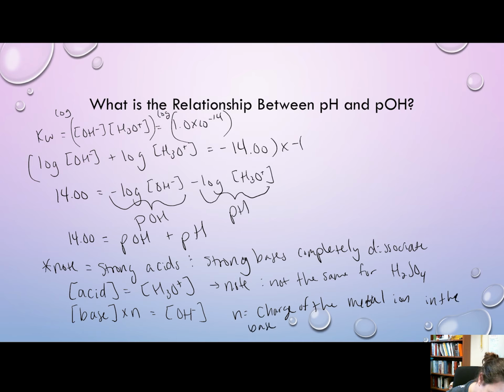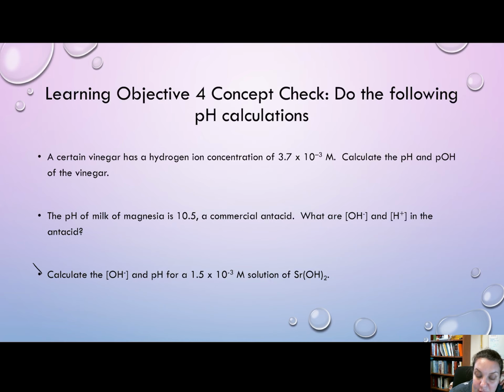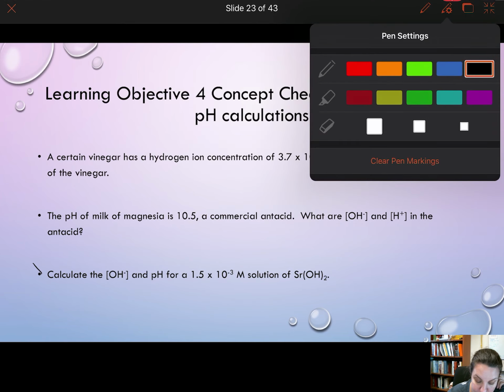Something like Ca(OH)2 has an N value equal to 2. Okay, let's try a couple of examples, see how we're doing with the concepts here.